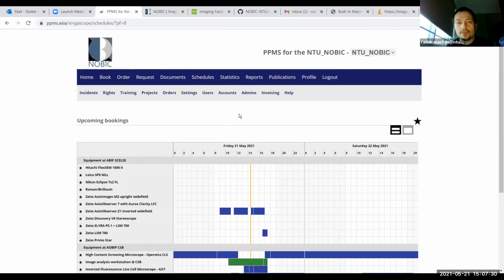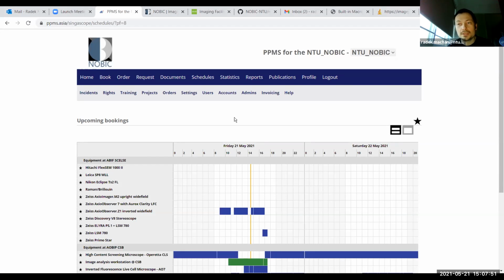And every new user, the first step to become a user is to create an account in the booking system. Our facility is a part of Singascope, which is a network of microscopy facilities in Singapore.